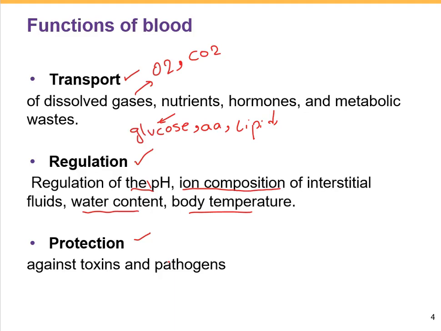And also blood contains antibodies and other immune system components that help defend the body against infection and disease. So we can summarize the functions of the blood as transportation, regulation, and protection.